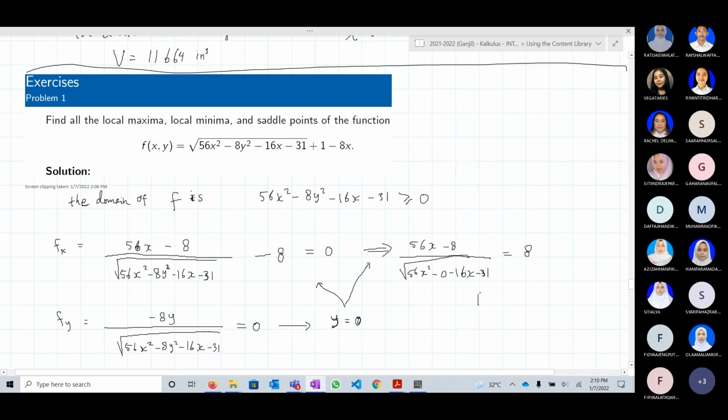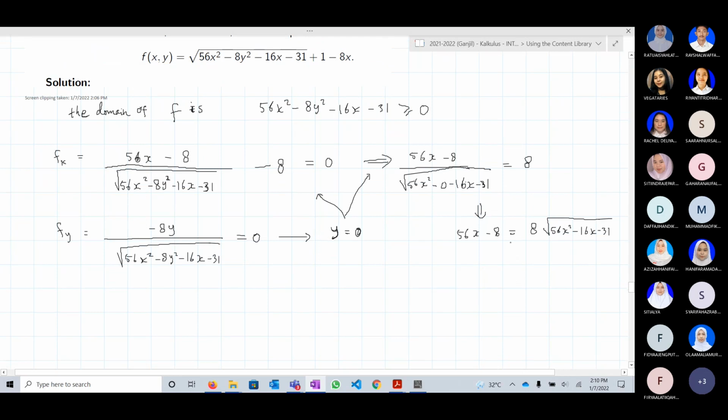Then from here we have that 56x minus 8 is equal to 8 times square root of 56x squared minus 16x minus 31.